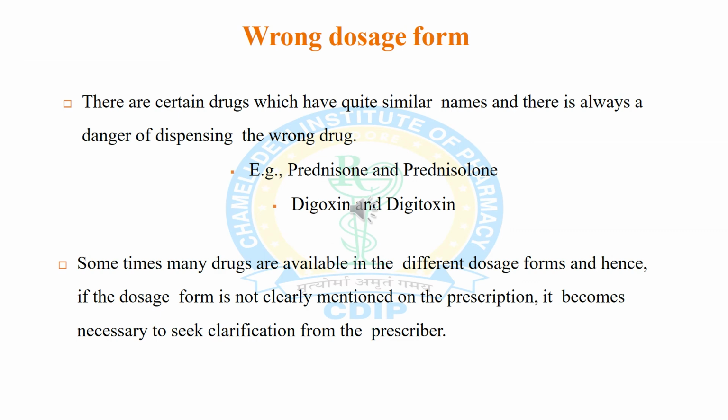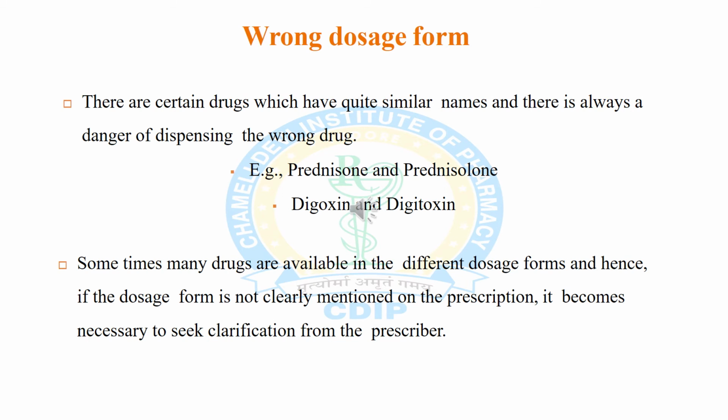Now the next reason behind the therapeutic incompatibility is wrong dosage form. There are certain drugs which have quite similar names, and there is always a danger of dispensing the wrong drug. For example, prednisone and prednisolone, whose pronunciation is almost the same when a prescription is received on phone, and digitoxin and digoxin.